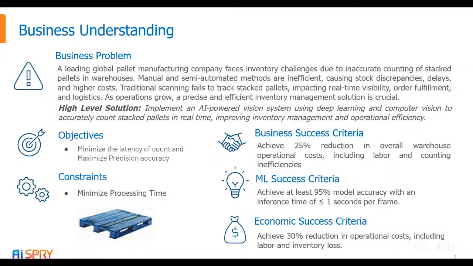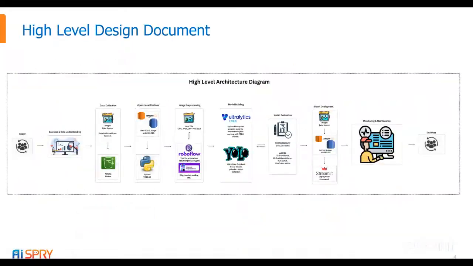So next, we have the high-level design, or we can say the high-level architecture diagram. This diagram provides a pictorial representation of our project flow following the CRISP-ML(Q) methodology. It begins with business and data understanding, followed by data collection and storage in an S3 bucket. Next, we perform data pre-processing, including annotation and augmentation using the Roboflow tool.